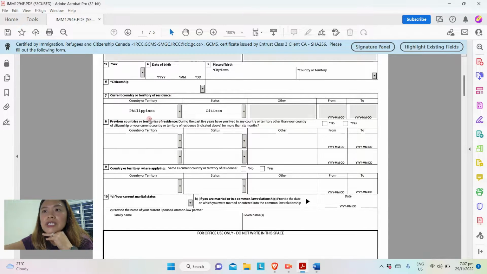Next, previous countries or territories of residence. Everything is written in the form, so you just have to read it and understand what the question is. During the past 5 years, have you lived in any country or territory other than your country of citizenship or your current country of residence for more than 6 months?